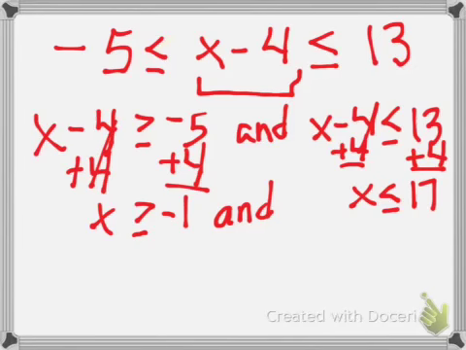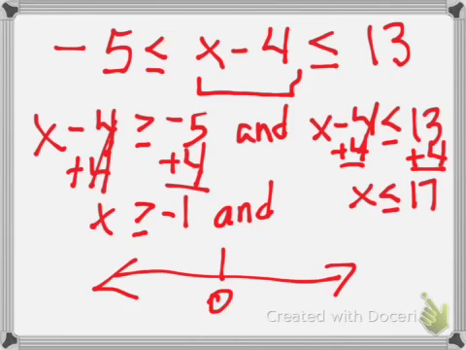Okay, so if you had a number line, and let's just estimate, this is not going to be exact, but let's say negative 1 is right here, and then 17 is right here. It needs to be greater than or equal to negative 1, and remember, if it has the equal to sign, it is a closed circle.